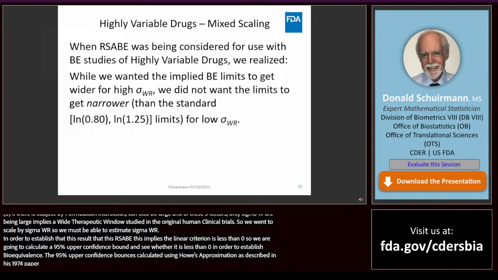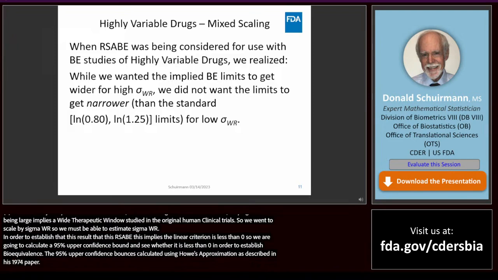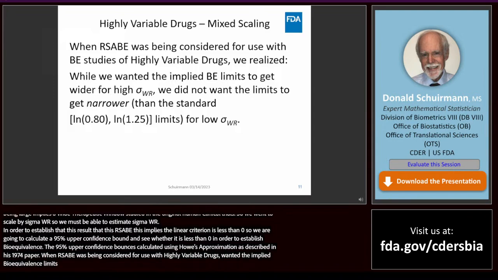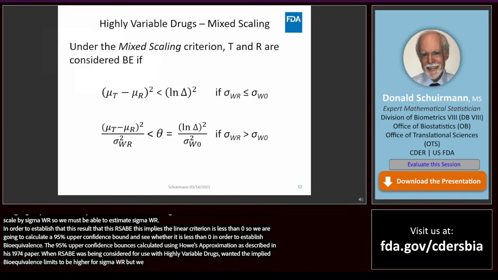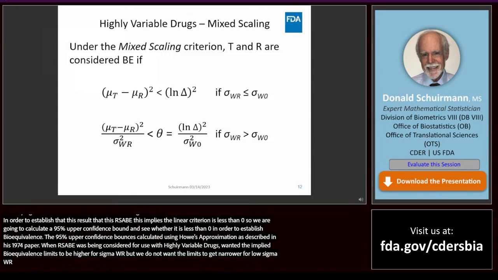When reference scaled average bioequivalence was being considered for use with highly variable drugs, we realized that while we wanted the implied bioequivalence limits to get wider for high sigma WR, we did not want the limits to get narrower, at least to say narrower than the standard 80 to 125 limits, for low sigma WR. For this reason, we formulated a mixed scaling criterion.